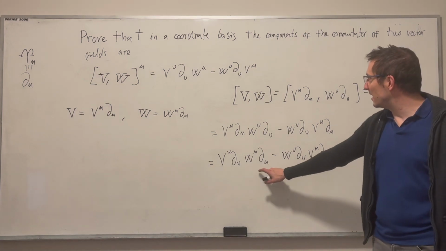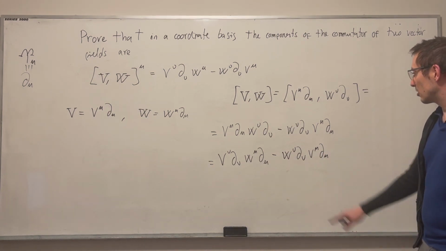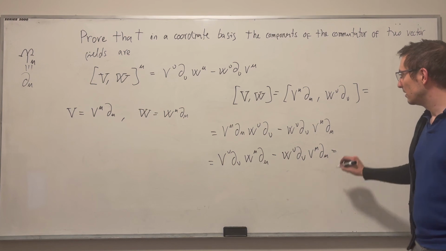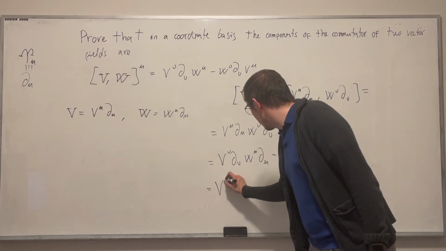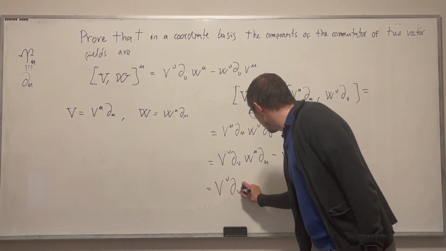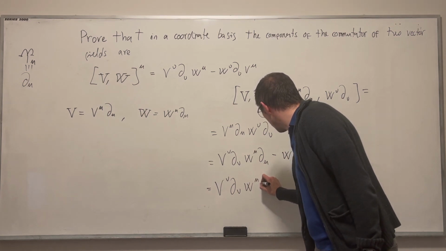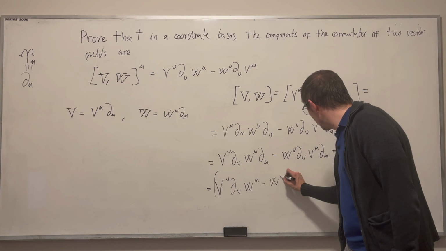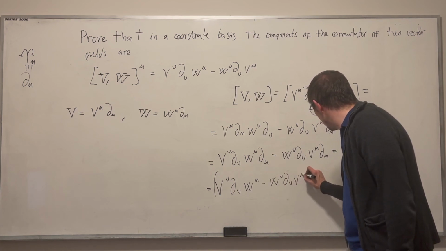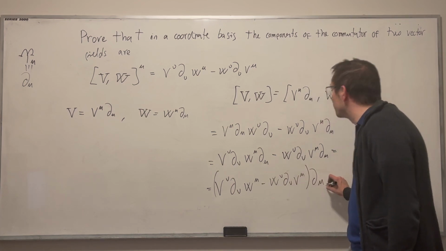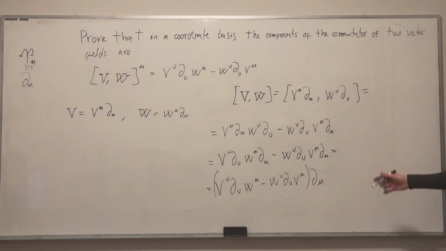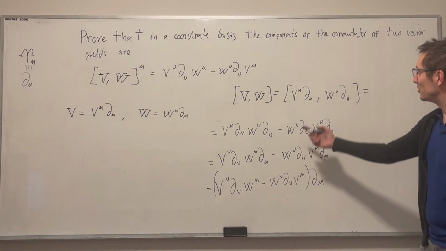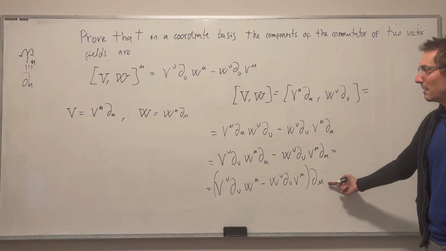It means I can take ∂_μ as a common factor, which gives V^ν ∂_ν W^μ minus W^ν ∂_ν V^μ, all times ∂_μ. But what is this? This is exactly a vector in the basis ∂_μ.